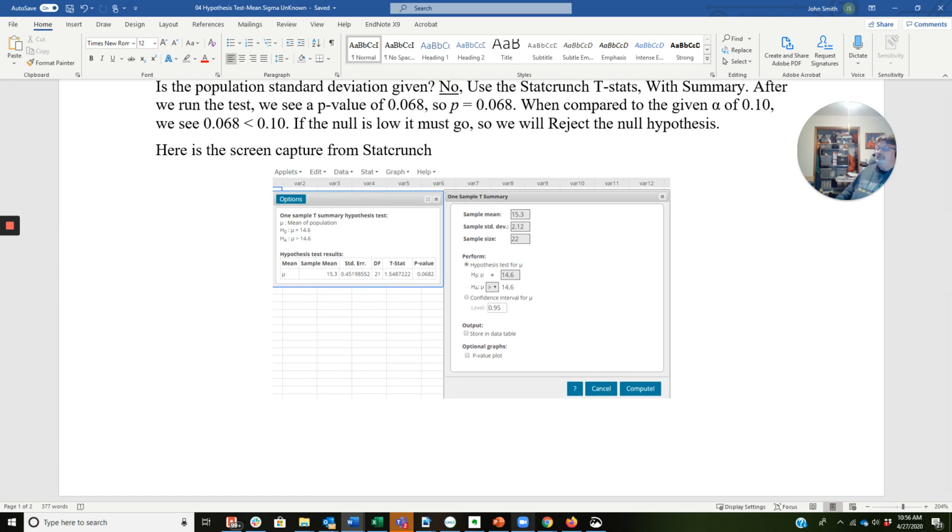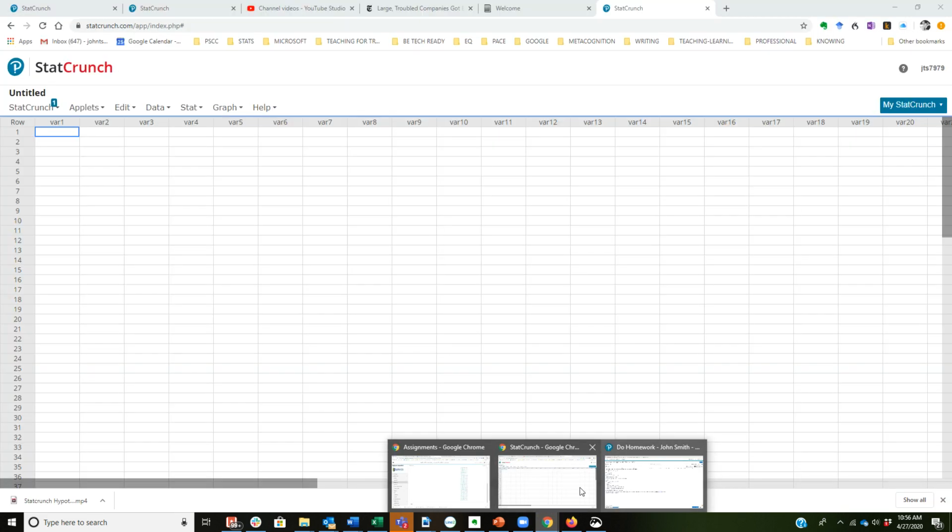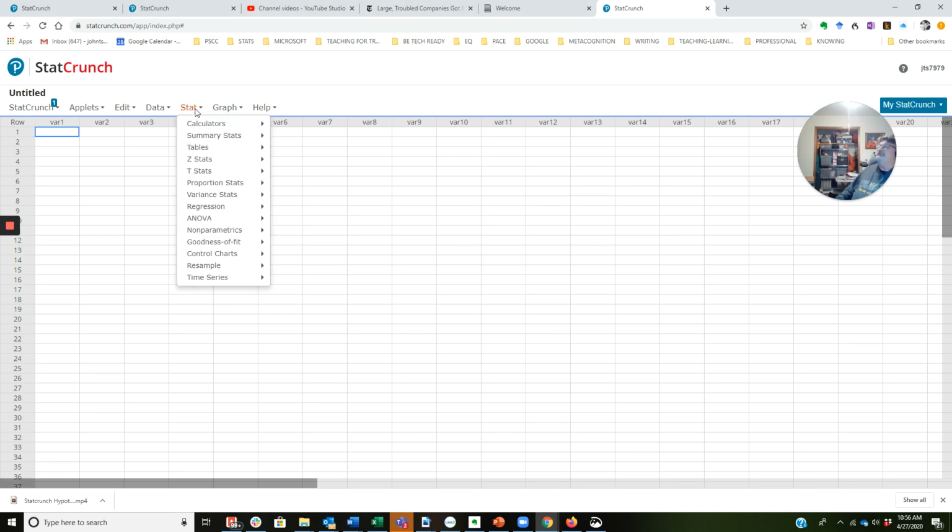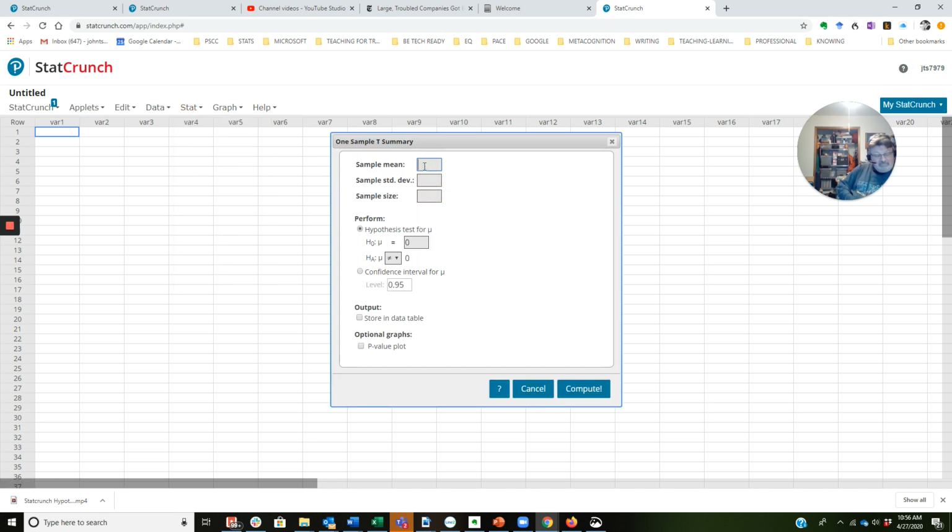Before I go on, let's look at how this is done in Statcrunch. So I'm going to pull up Statcrunch, Stat, T-Stats, one sample with a summary. 15.3, my sample mean, sample standard deviation, 2.12, sample size is 22. Now, even though with a t-stat we have degrees of freedom, we don't need to enter that in Statcrunch because it will make that adjustment inside the application.